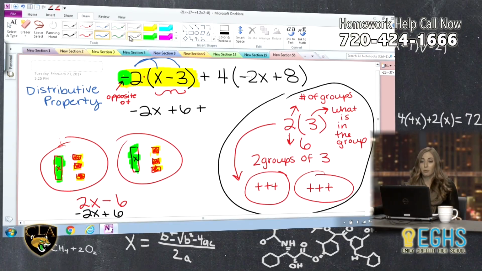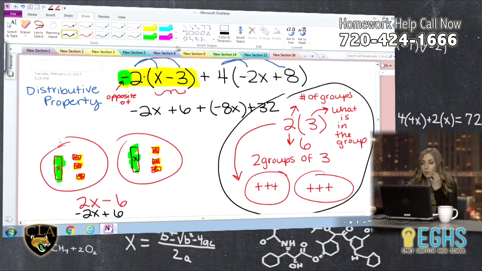All right, the shortcut would be to use that distributive property where we just multiply them, because I don't really want to draw 4 groups of 8 for you, but that's what's happening. So we do 4 times negative 2x, which gives us negative 8x. And then 4 times 8, which gives us 32.